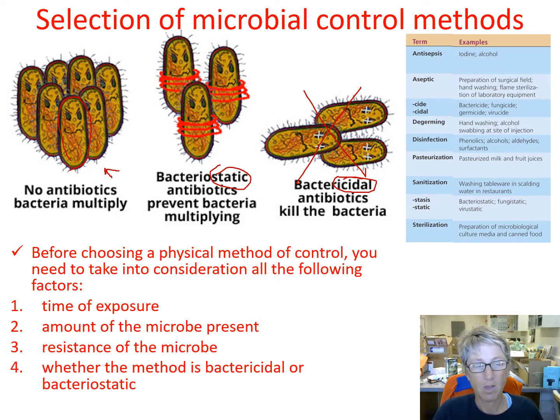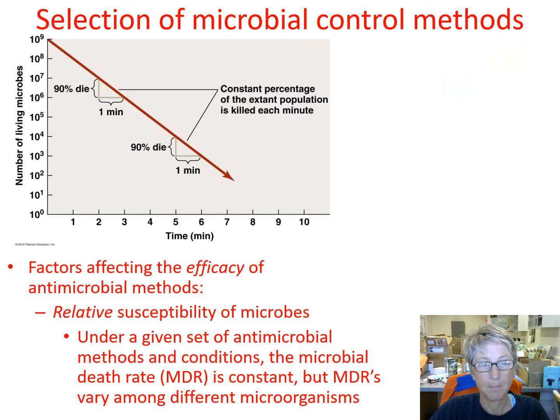Sometimes you just have to guess at that. Think about the microbe that you're trying to kill. So MRSA, methicillin-resistant Staph aureus, it's resistant to methicillin. Think about whether the method you want to use is bactericidal or bacteriostatic. Sometimes bacteriostatic methods are good enough. You just stop the microbe from multiplying and eventually it will die.